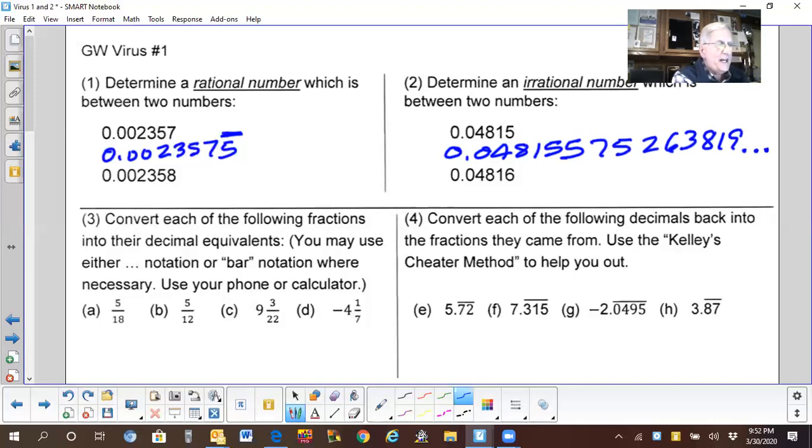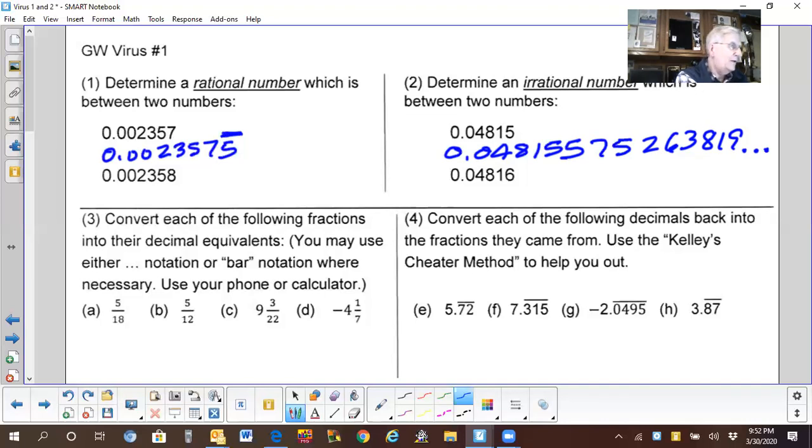Now, you don't see any pattern or any repetition in any of those numbers. So you could assume that this is a number that goes on to infinity. It never stops, but it also never repeats. Therefore, that is an irrational number. So that is one answer that would be acceptable.